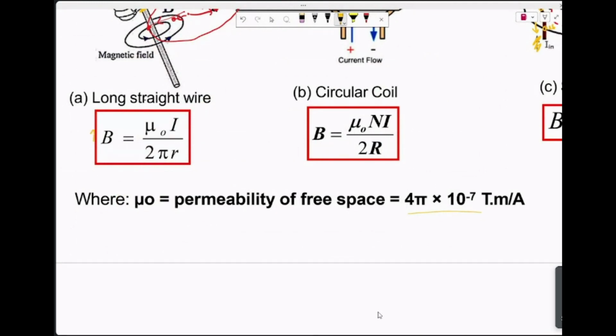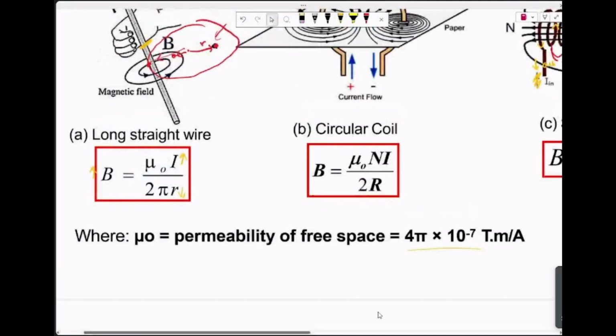So the magnetic field will increase if you increase the current, but it will also increase when the radius is decreased. It means that the closer it is towards the center or near to the wire, the greater the magnetic field. This is the same as the experience you have: whenever something is closer to the magnet, the magnetic force pulling is going to be stronger, so the magnetic field is stronger as well.